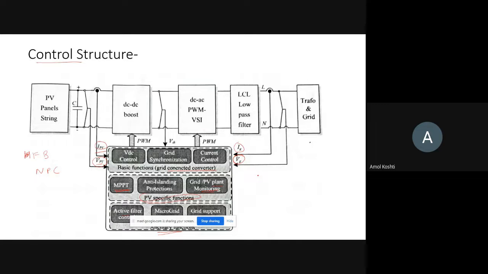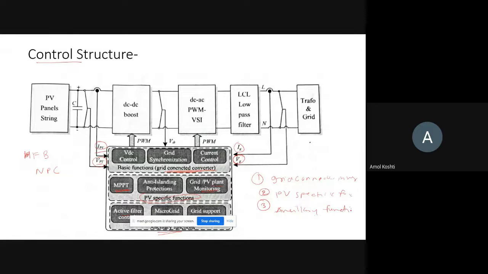So the first control function is grid connected inverters. The second control is the PV specific function. In the PV specific function, we are using MPPT, anti-islanding protection, and the PV monitoring system. And the last control is the ancillary functions.